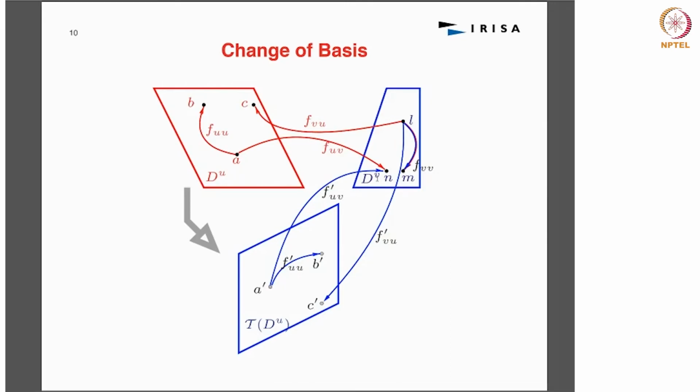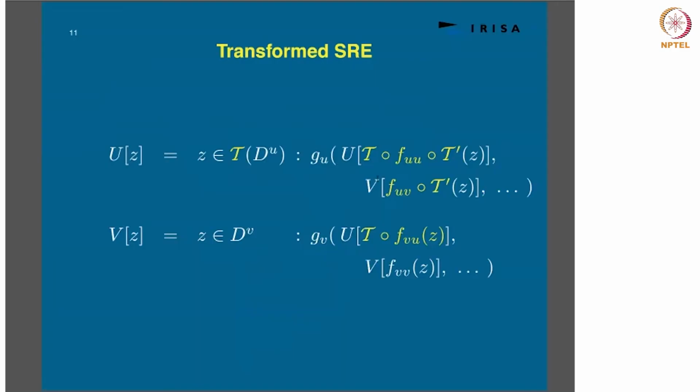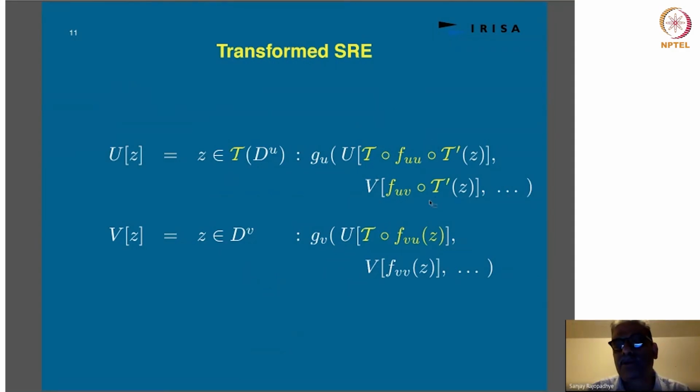Okay, so this is the pictorial view. In reality, this is how you construct the equations. You compose, this circle represents function composition, and function composition is right associative. That means when I see T circle FUU circle T prime, I mean I apply T prime first, then I apply FUU, then I apply T. So the composition of these 3 functions, remember these are linear functions represented by matrices, 3 by 3 matrices basically, right?